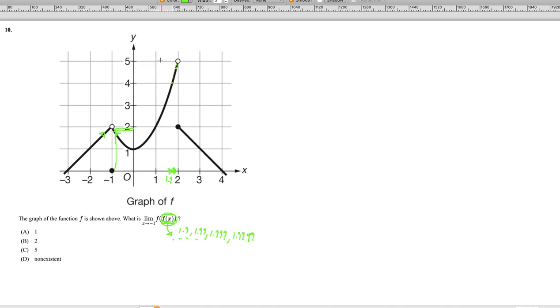And as you see, I'm getting closer and closer to 5. And that is the correct answer, 5. Now what was key is that from both sides from which I approached -1, I was approaching 2 from below 2. So I'm going to draw another possibility for f to illustrate how this changes.